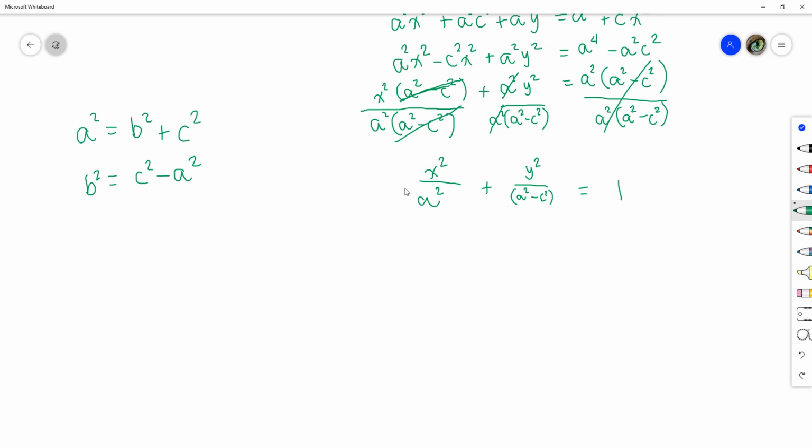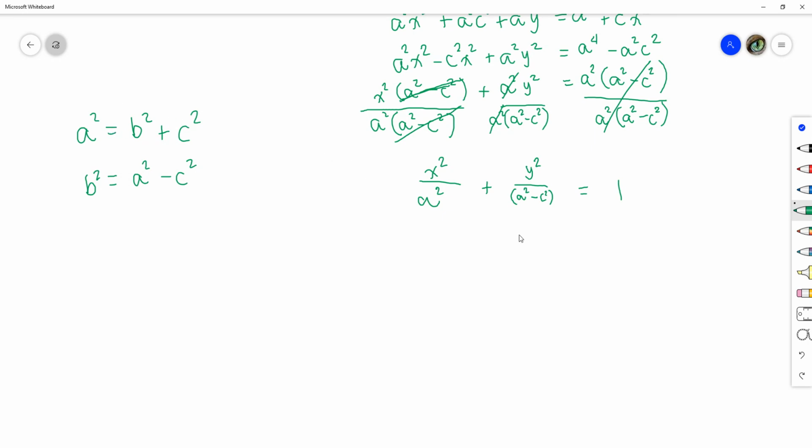parang mali ata. So dito, okay, we could have a squared minus c squared kasi lipat siya sa kabila.